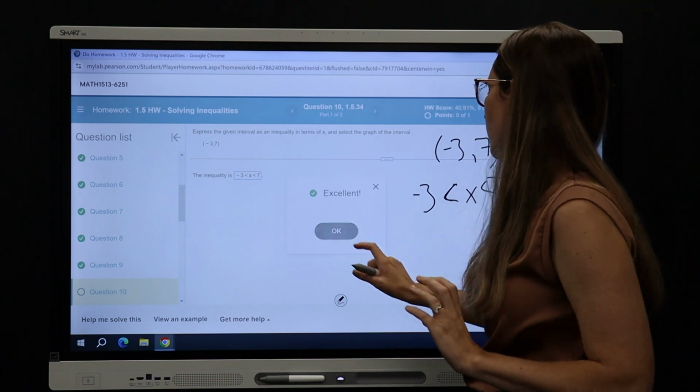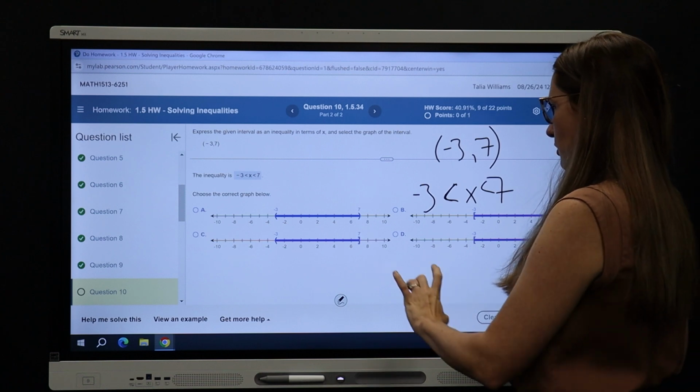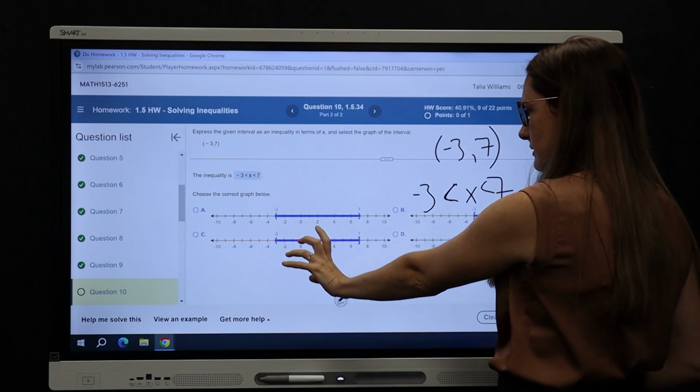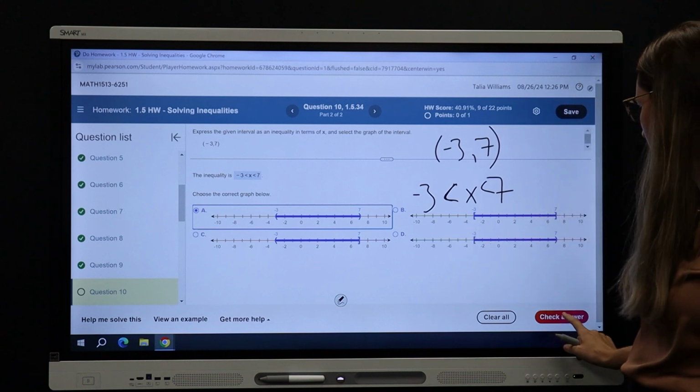So for our graph, we're looking for two sets of parentheses at -3 and 7. So this one has parenthesis, parenthesis. So this is our answer.